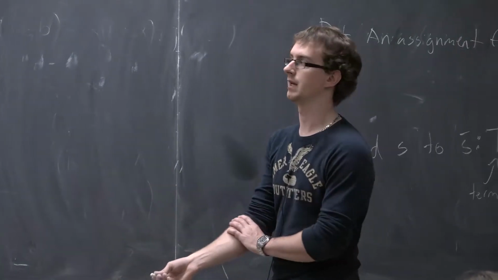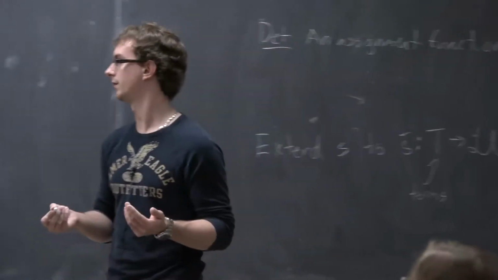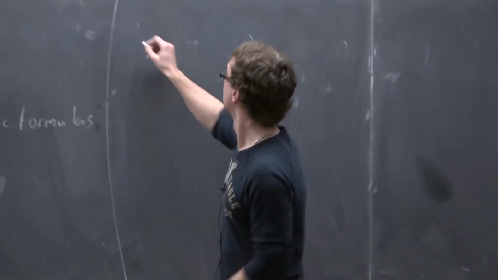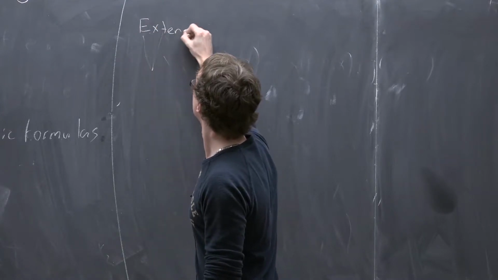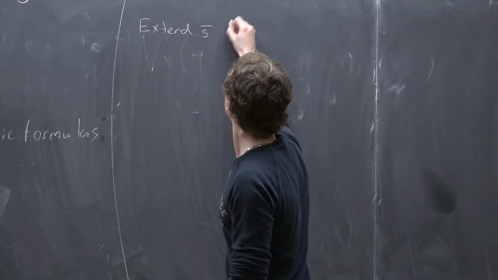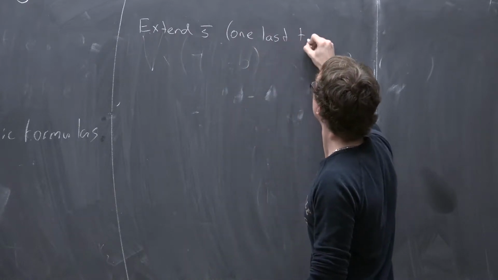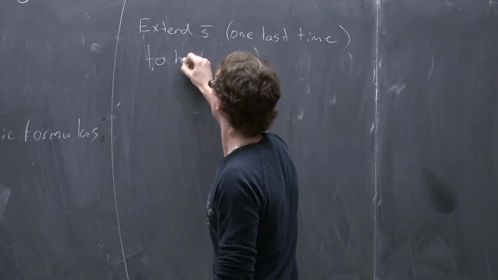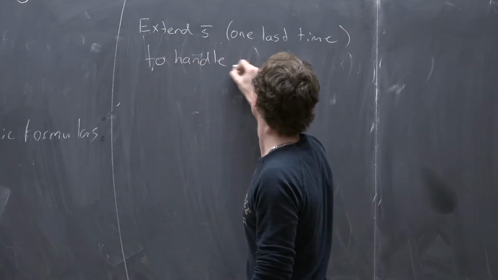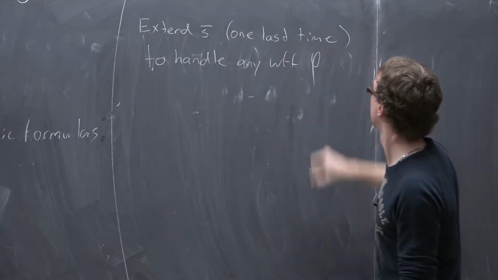Now what we need to do is handle the inductive step of building up these atomic formulas with all of our different connectives. So we're going to extend S bar one last time to handle any well-formed formula phi.